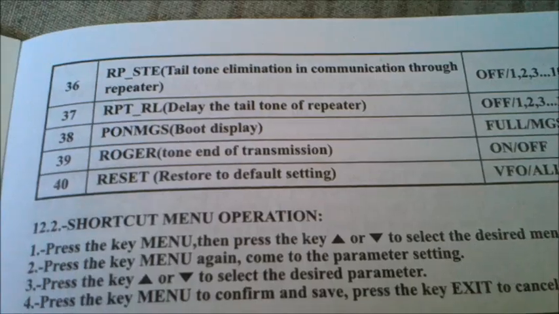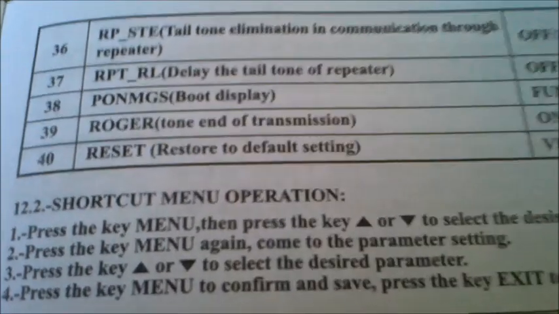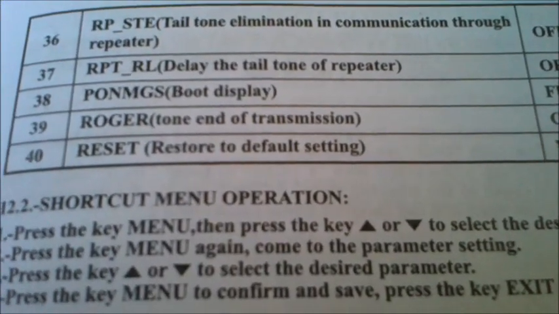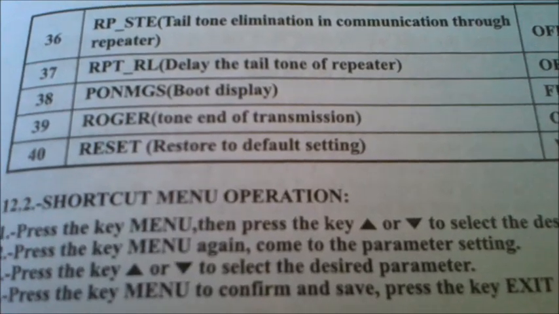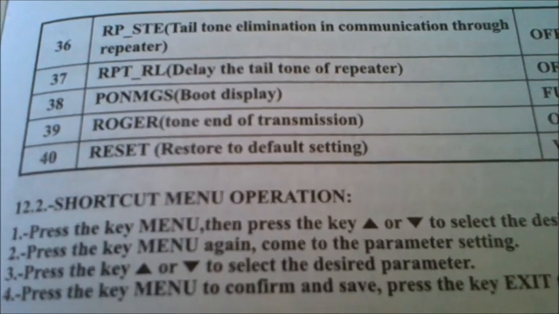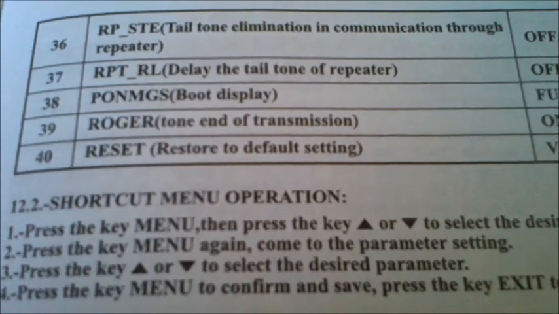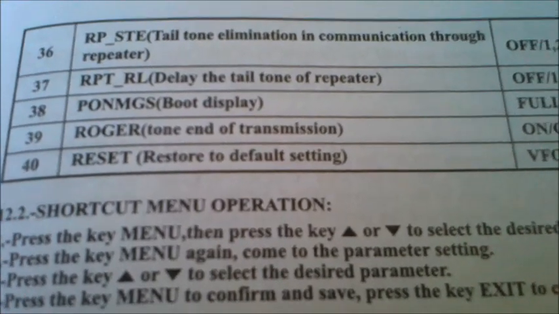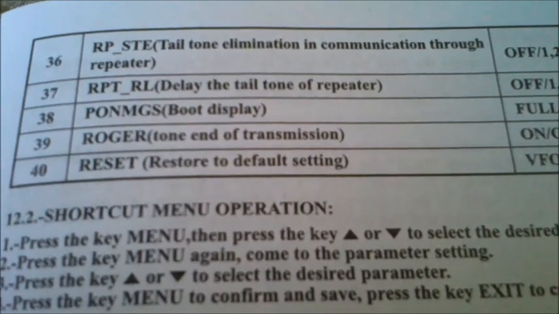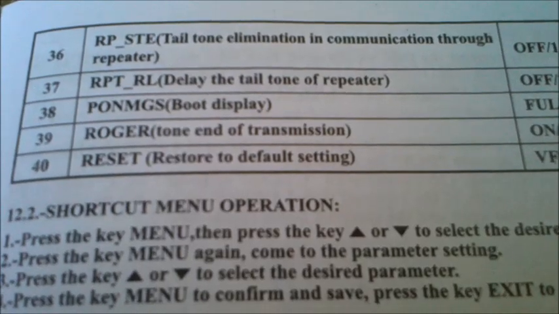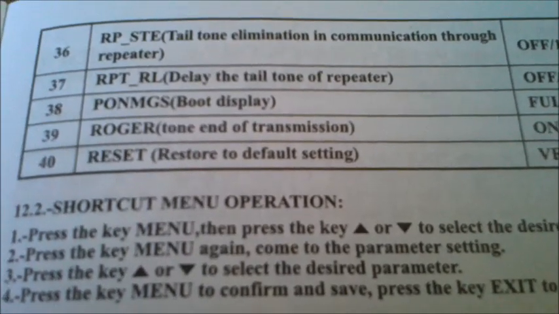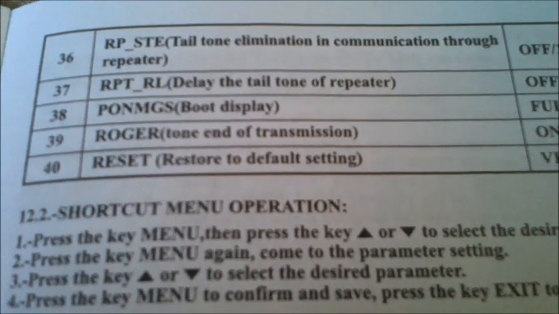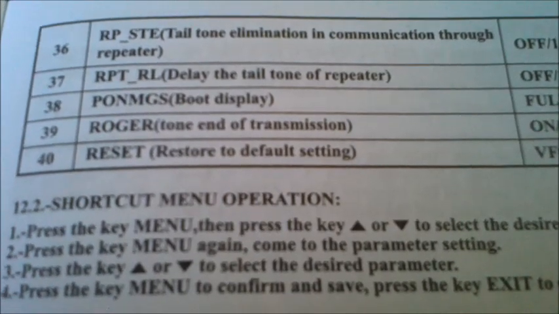Somebody could hear that if you were trying to keep your voice down. So it's good if you're just carrying on conversations to let you know the other person has stopped transmitting. But if you're wanting a quiet conversation and you don't want others to hear you, then you don't want the Roger beep on.